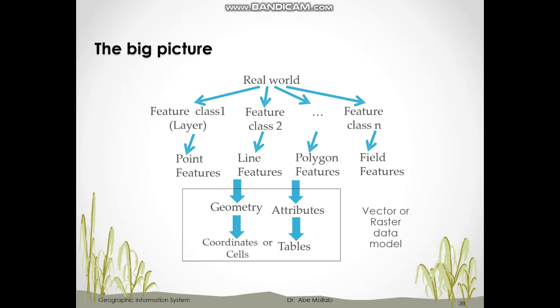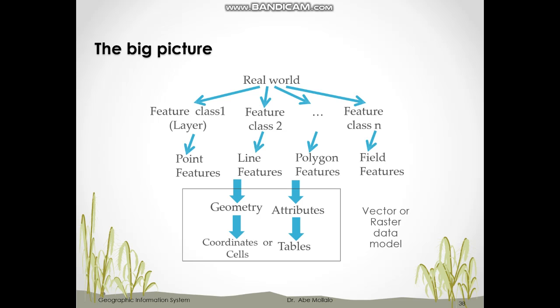And then for geometry, you had two options. You can either use coordinates to describe geometry, or you can just use cells, okay? So that gives us the data model: vector data model and raster data model. Vector data model uses coordinates to describe point, line, polygon, and raster data model uses grid cells to describe point, line, and polygon.